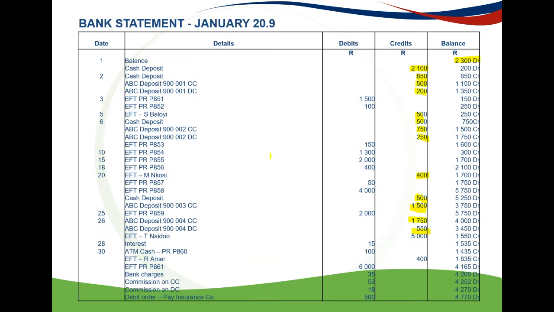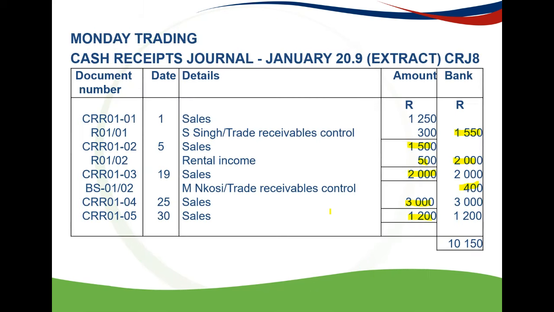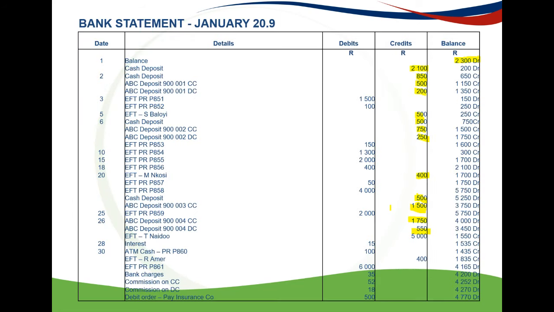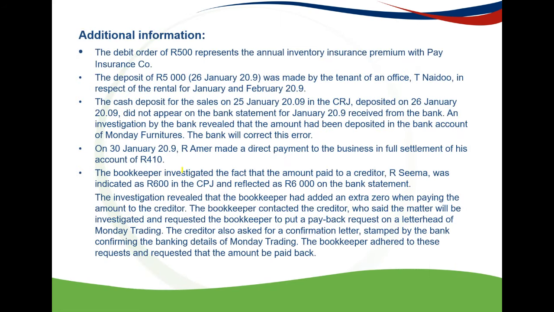So our entry of the 25th, the 3,000, going to my cash receipts, that's not reflecting. The cash deposit for the sales of 25 in this year deposited on 26 did not appear on the bank statement for January 20.9 received from the bank.